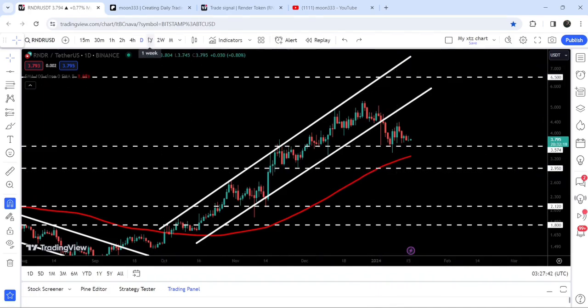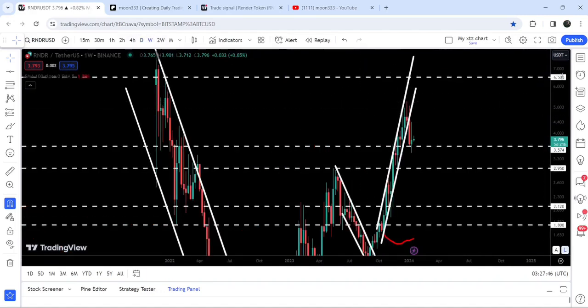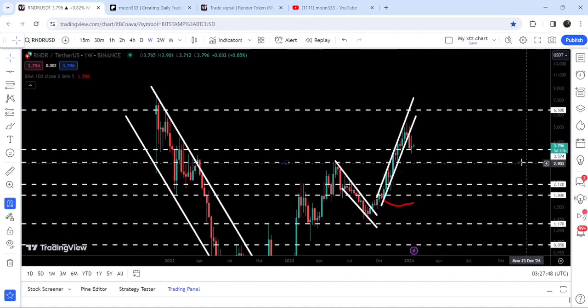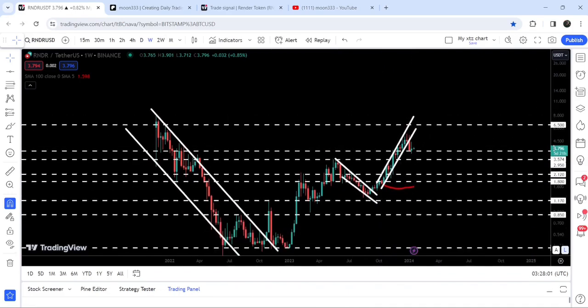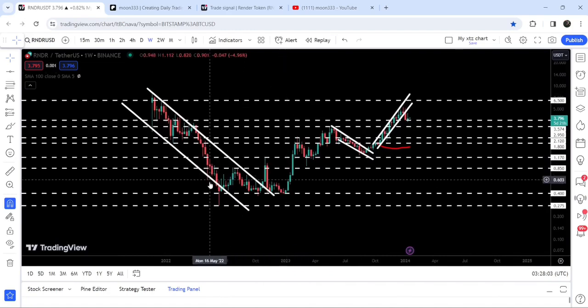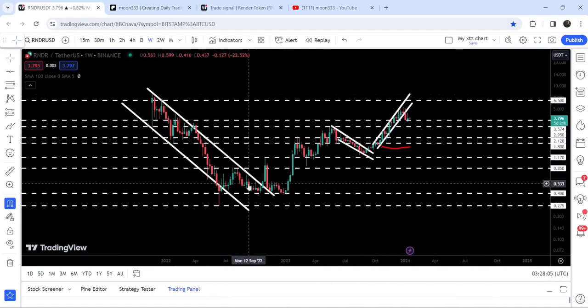If we take a look at the 7 days time frame chart, now I'm going to move to the 7 days. And here you can see that this $2.95 has been working as a very strong resistance here. Therefore, again, it can work as a strong and long-term support for the price line. Now, on this 7 days time frame chart, you can see that we have already broken out this quite big down channel as well.